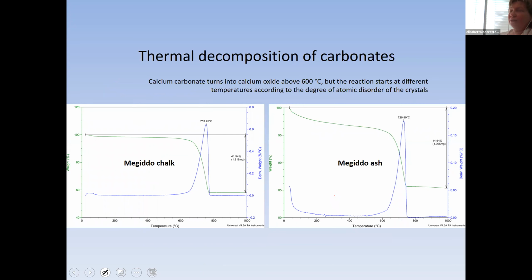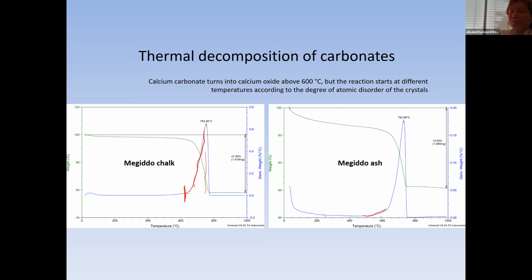Then you can use the difference in thermal decomposition between the two materials. If you take a calcite and you heat it, you will see the decomposition to calcium oxide happen. Here is the peak at 753. It started a little bit, not before 600, you started to decompose your calcite, while for the Megiddo ash, you see that you start before 600 to decompose.